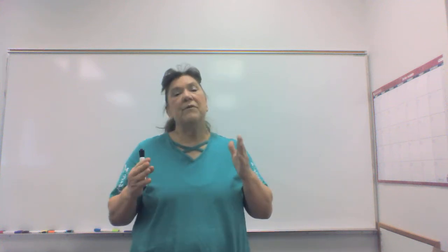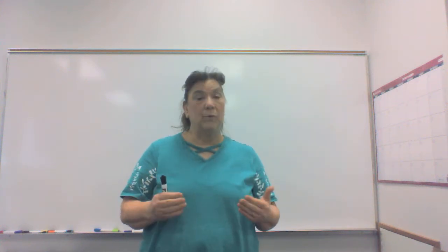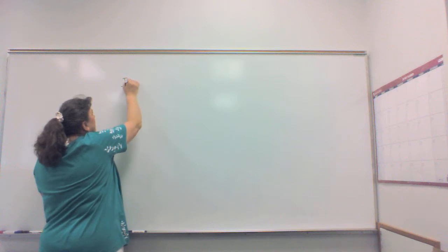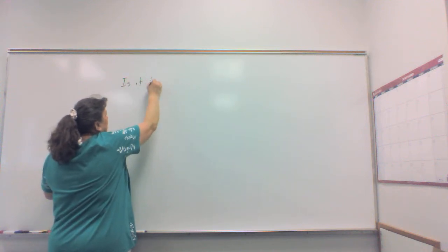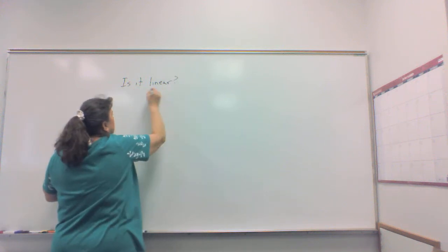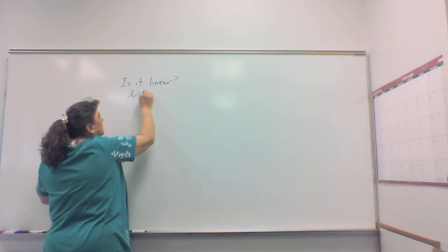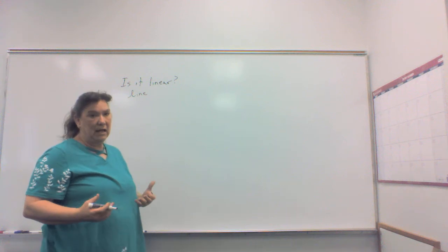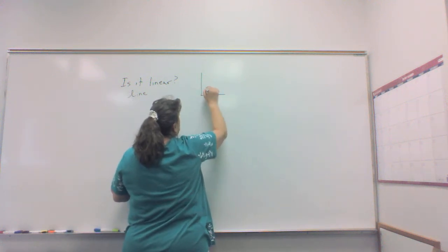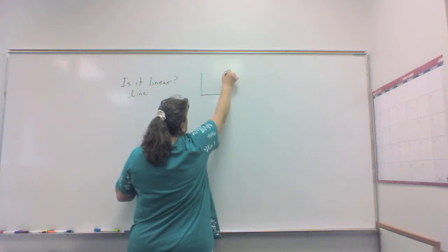And there are several things we're looking at when we look at correlation. Some of the aspects you're looking for are, first of all, is it linear? In other words, is it a line or something kind of like a line? So, for example, here would be something that would be linear.